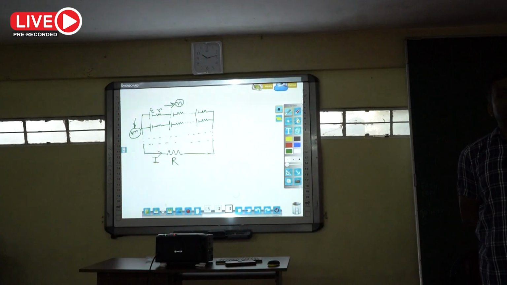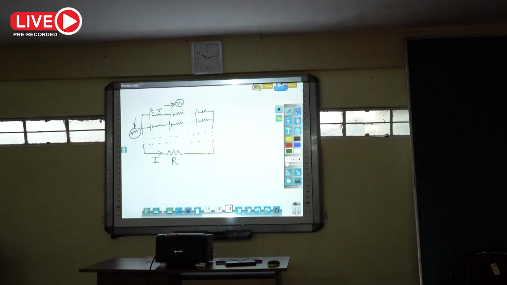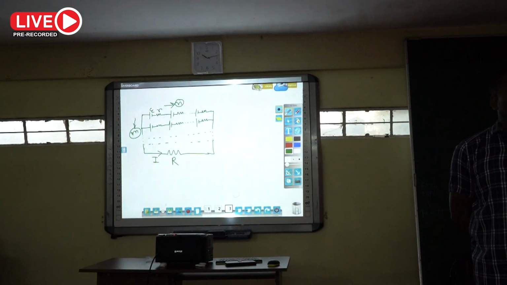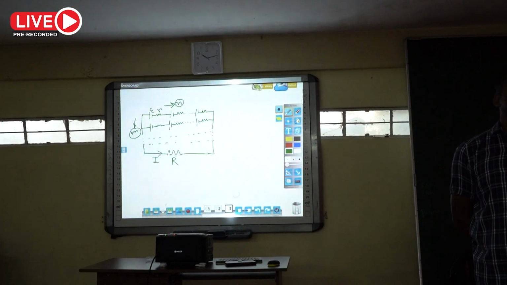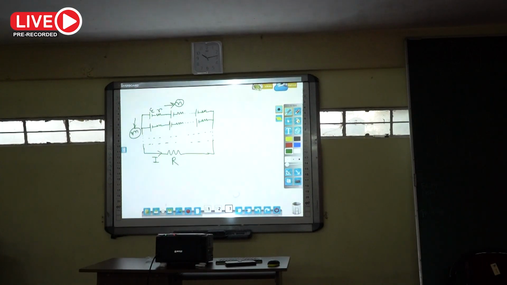First, we will calculate the total EMF and total internal resistance of a single row. So let us consider the first row. In the first row, how many cells are connected? n number of cells. So total EMF will be nE and total internal resistance will be nr.